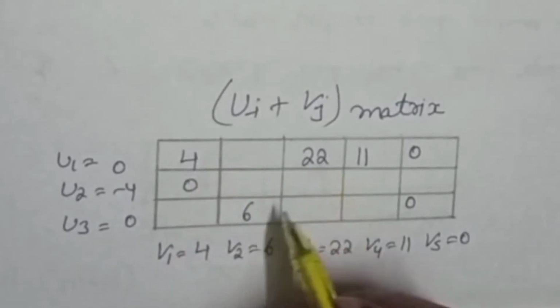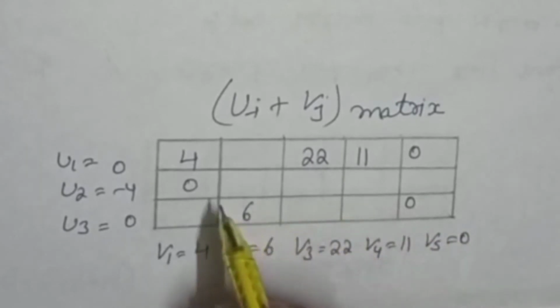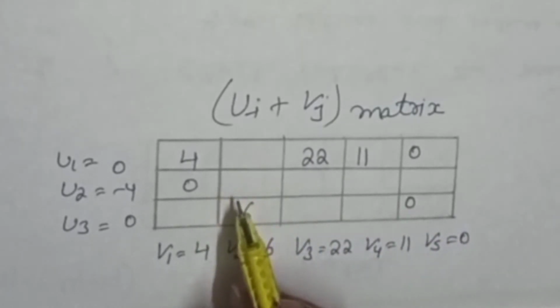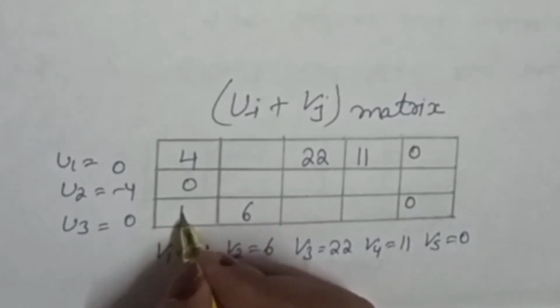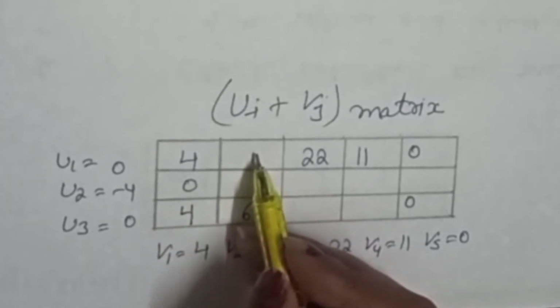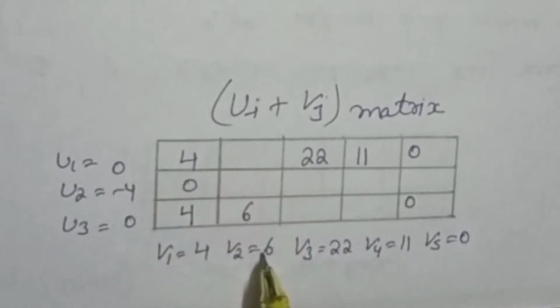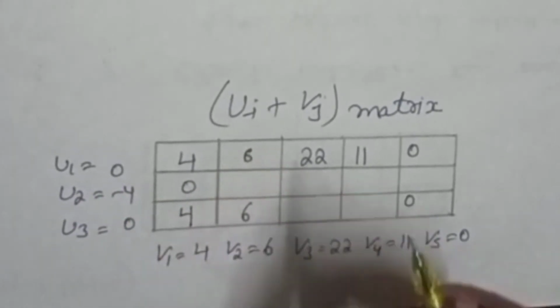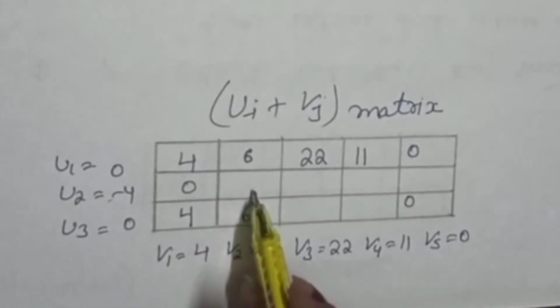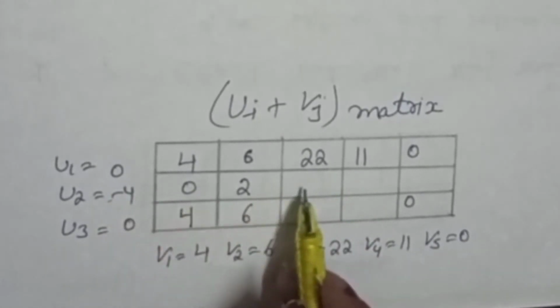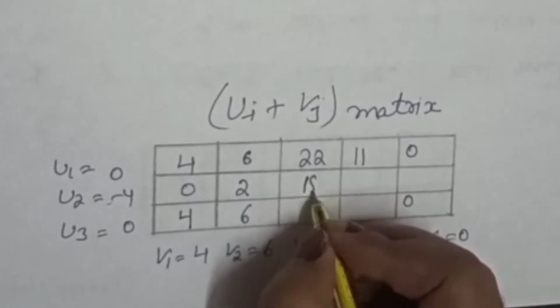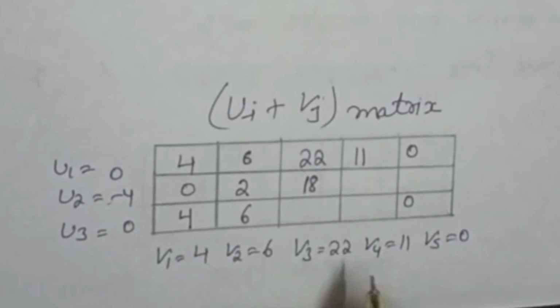Now these cells are our allocated cells. We will now calculate the value of unallocated cells like this. 0 plus 4 is equal to 4. Here we will write 0 plus 6 is equal to 6. Minus 4 plus 6 is equal to plus 2. 0 plus 22 is equal to 22. Minus 4 plus 22 is equal to 18. 0 plus 22 is equal to 22.